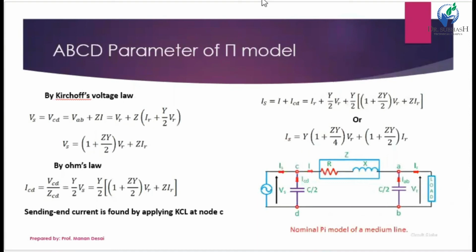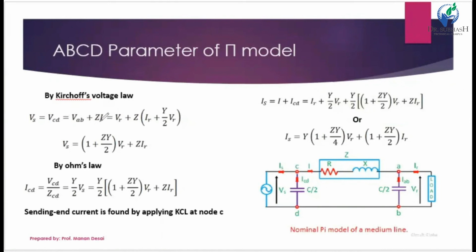Now the ABCD parameter of the pi model, by Kirchhoff's law. VS is equal to VCD, which is equal to VAB plus ZI.